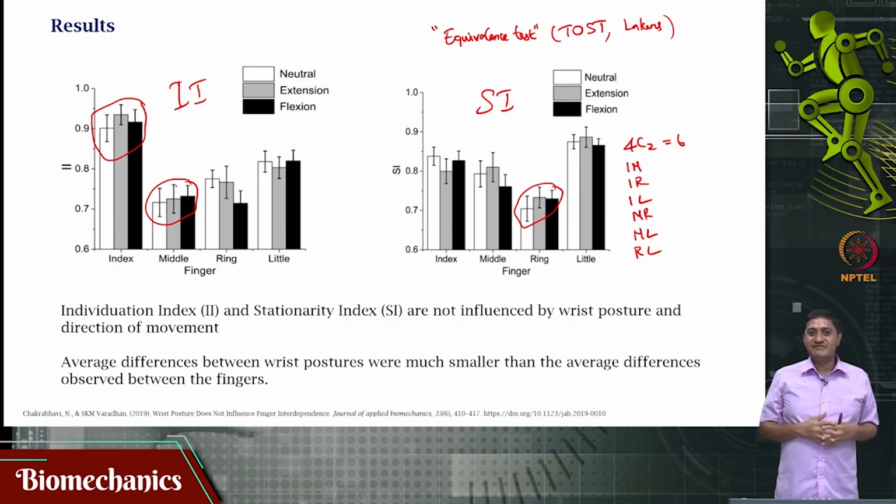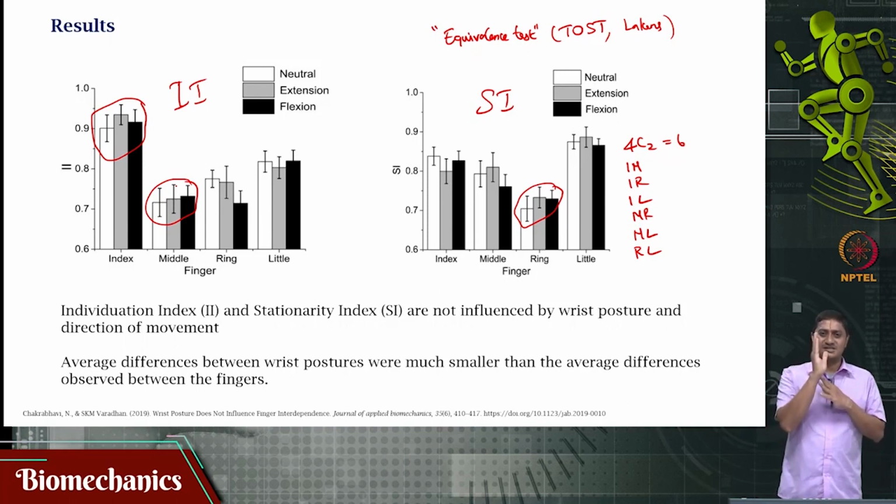If there is a difference in individuation and stationarity index between such distal regions like the fingertips, right, if there is such a big difference or if there is some difference, it would be reasonable to expect that there is at least that much difference in the more proximal wrist region, right, as I am making such a big movement excursion of the wrist, about 60 degrees, from 30 degree flexion to 30 degree extension.